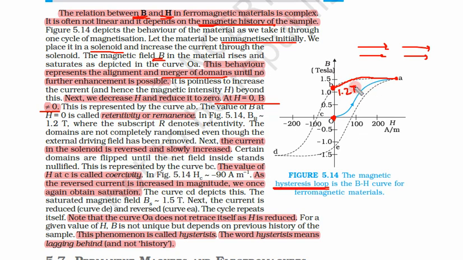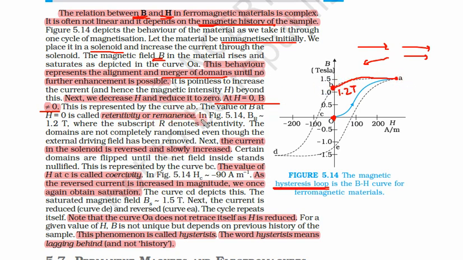Because it is a hard ferromagnetic material. It has a memory. It remembers that it was magnetized. Definitely fewer dipoles are aligned, but still a large number of dipoles are aligned in the same direction. Only a few of them are in a different direction. So even at 0 field there is some magnetic field. This is represented by the curve AB.